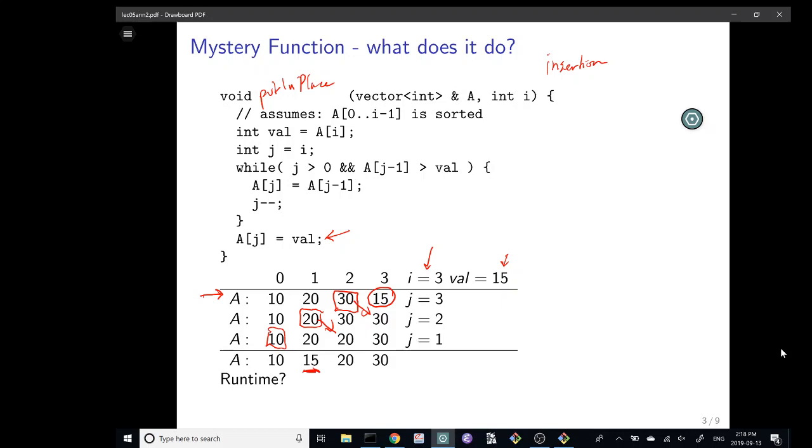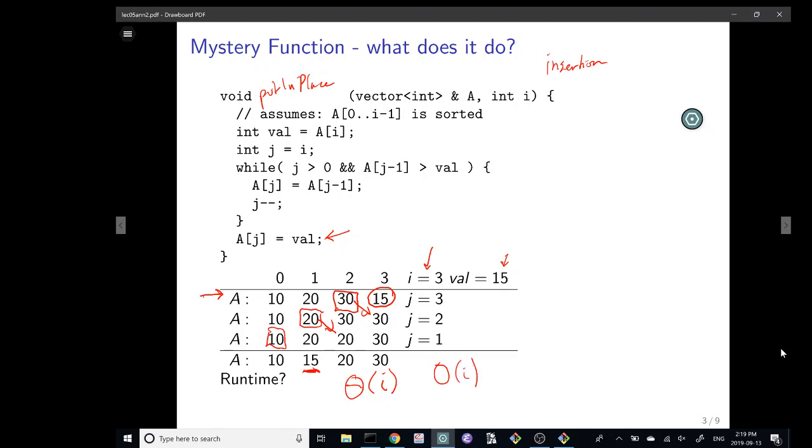Theta I. Runtime is theta I. Okay. Anybody else have a suggestion for the runtime? I actually like that. Any others? Yeah. Big O of I. Excellent.